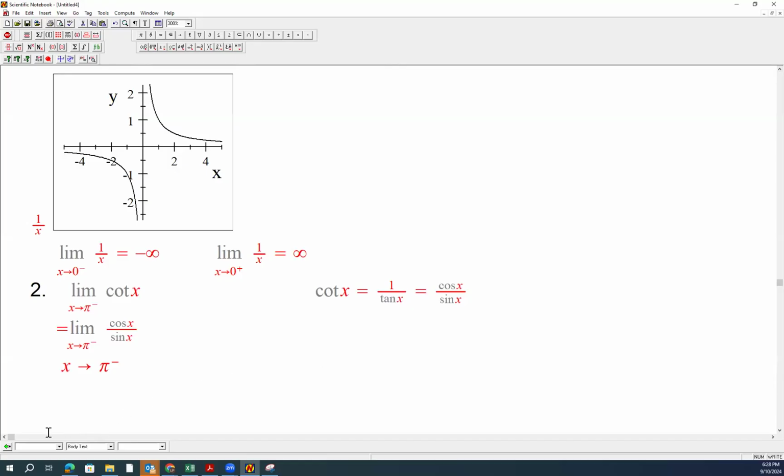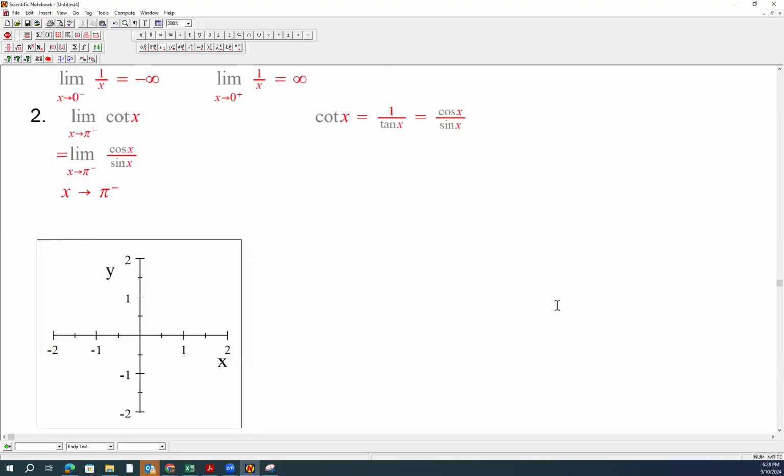I'm going to put this picture right here. x is approaching pi from smaller than pi. What kind of angle measurement is this? We're going to measure the angle, of course, from the standard position, approaching pi from smaller than pi. I need a curve right here.